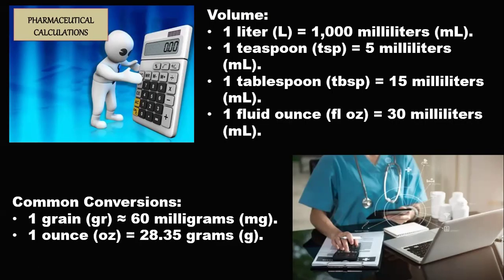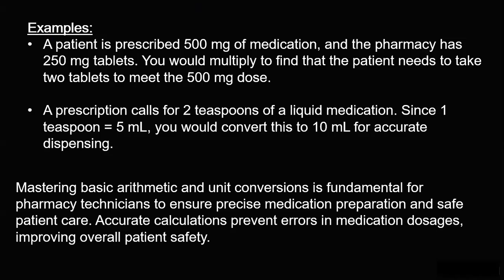So we were talking about the different units of measurement and conversions in the different units. Let's look at some examples. A patient is prescribed 500 milligrams of medication. Though we've already done something like that, let's see how we can still do it.